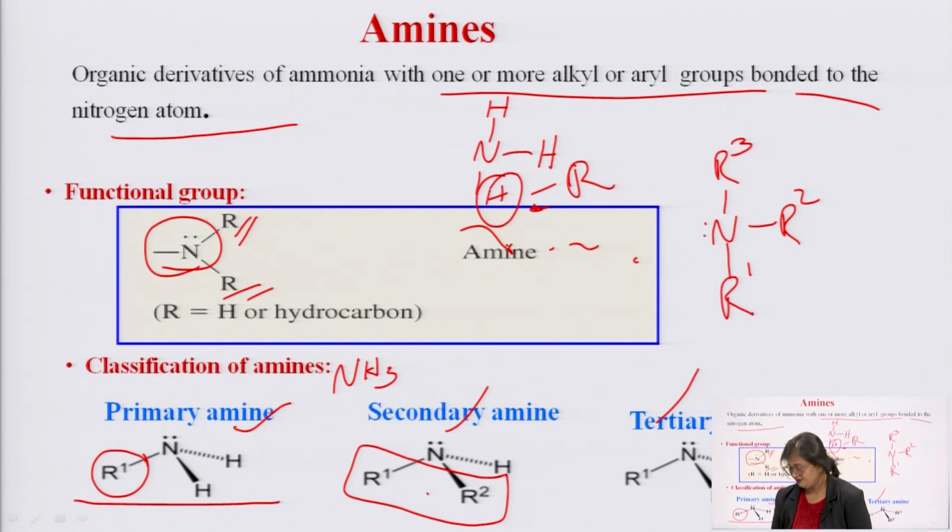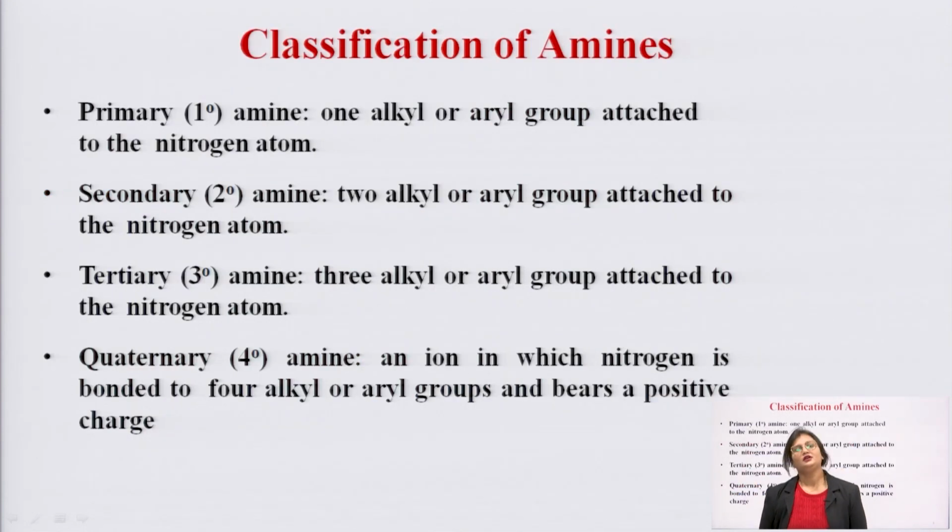Now, let us look into the classification of amines. As we have just discussed, a primary amine is one where one alkyl or aryl group is attached to the nitrogen atom, that is, one of the hydrogen atoms is replaced by an alkyl or aryl group. Secondary amines have two alkyl or aryl groups attached to the nitrogen atom.